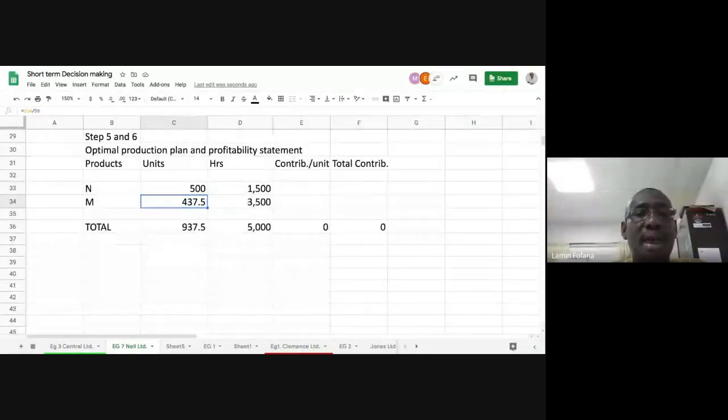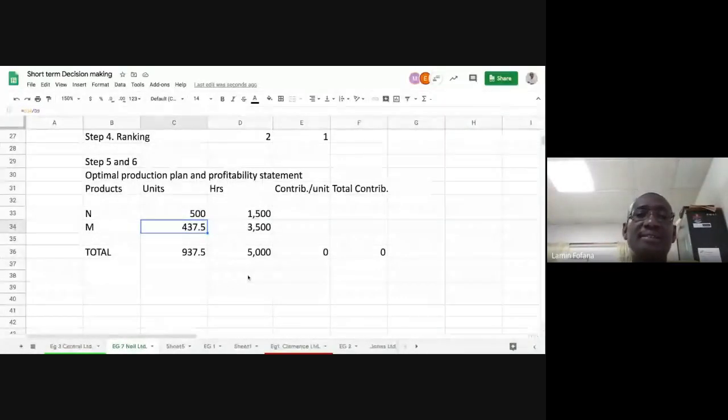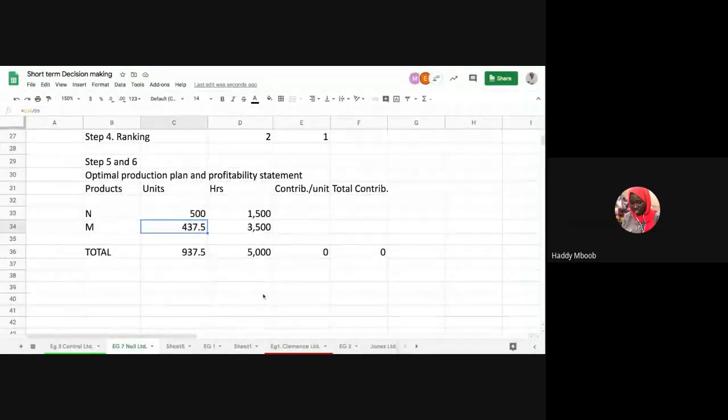So for product M, we have to produce 437 units, whilst for product N, we're going to produce everything. Is this clear? Yeah, it is clear.